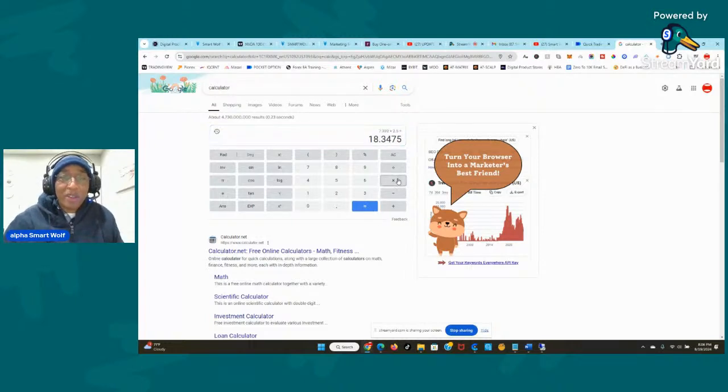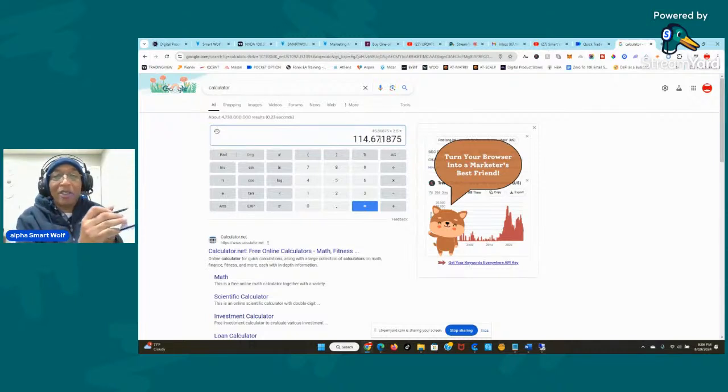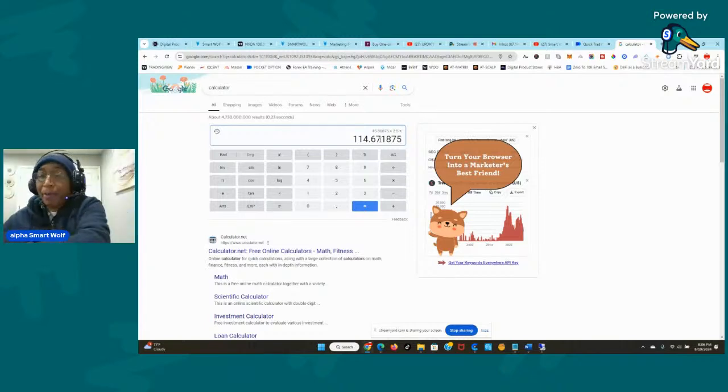We are rounding off to the nearest 2 decimal places. And then we have 45.87. And then the final one, this is the fifth level trade, is 114.67. We never want to get to that fifth level, guys. We never want to get to that. That's dangerous stuff. Okay, so right now we are ready to go.